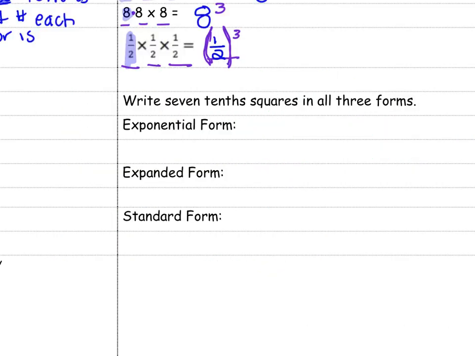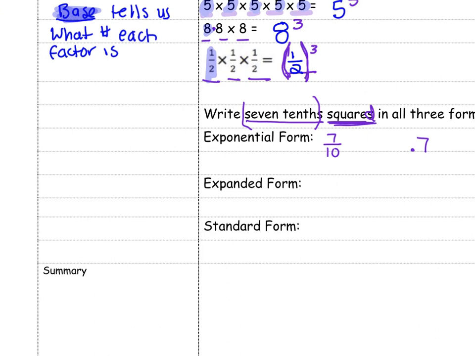And lastly, just going through each, if we wrote 7/10 squared. This should be a squared in all 3 forms. So 7/10 looks like this or like this. So we are going to square it. Square is, we should talk about that. Squared is raised to the second power.